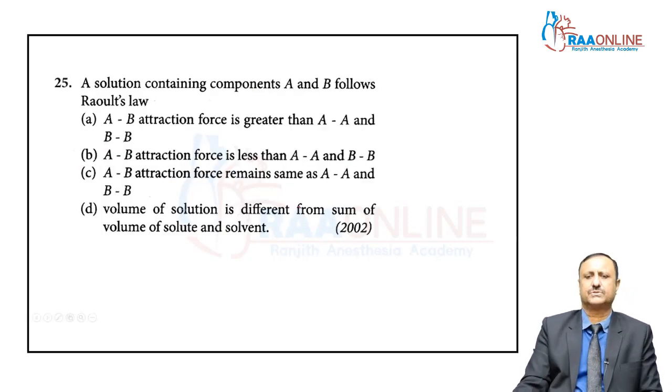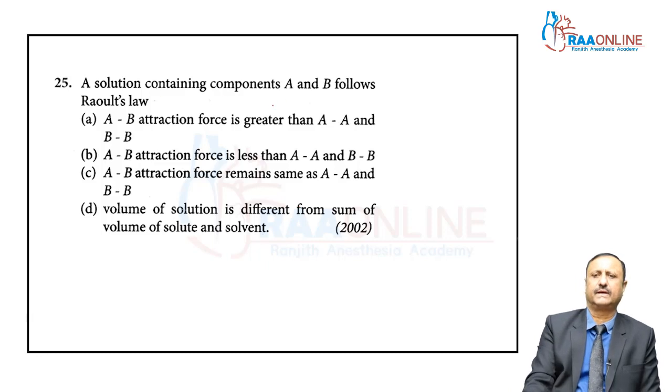Now, we can see question number 25. A solution containing components A and B follows Raoult's law. Here we can see the AB attraction force is greater than AA and BB. A solution containing components A and B that follows Raoult's law is an ideal solution. When the attraction force is greater, negative deviation is present, it does not obey.